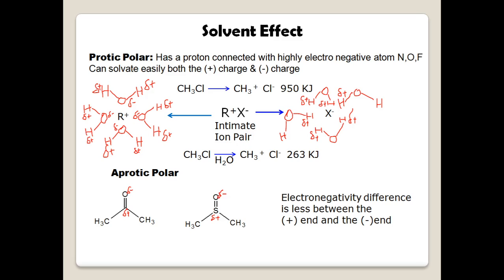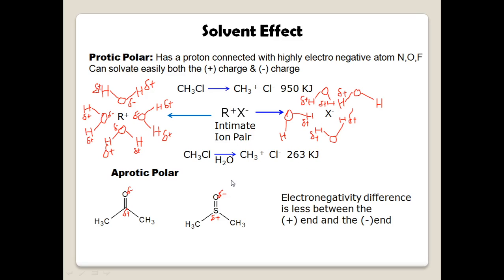Okay. Now, when the same reaction is carried out in water as solvent, the energy need is reduced to a big extent, to just 263 kilojoules per mole.